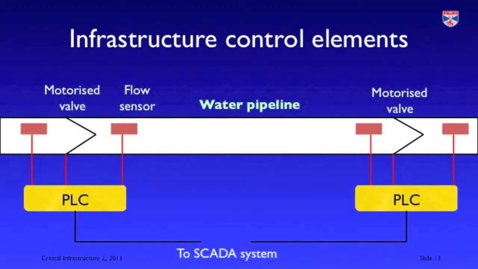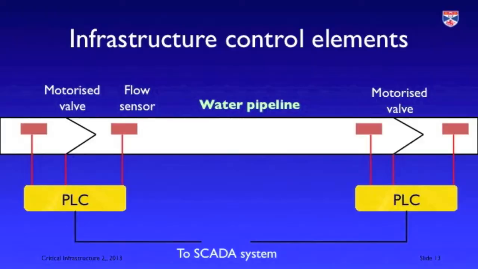This picture is an example of how PLCs might be organised within a pipeline to monitor the flow of liquid in that pipeline. You can see there are two valves, each with an associated PLC, and they measure the flow rate using the sensors which are before and after each valve.